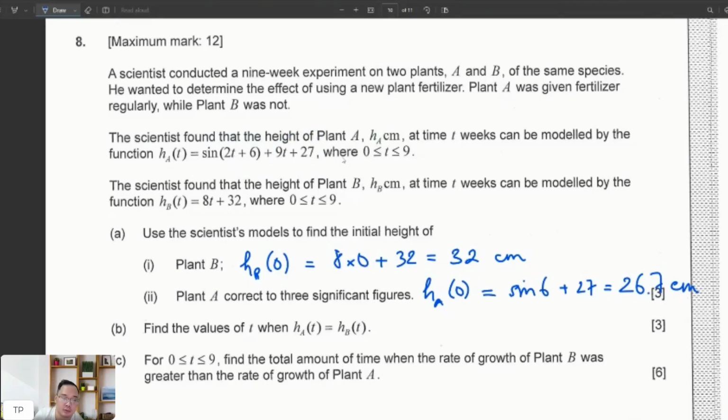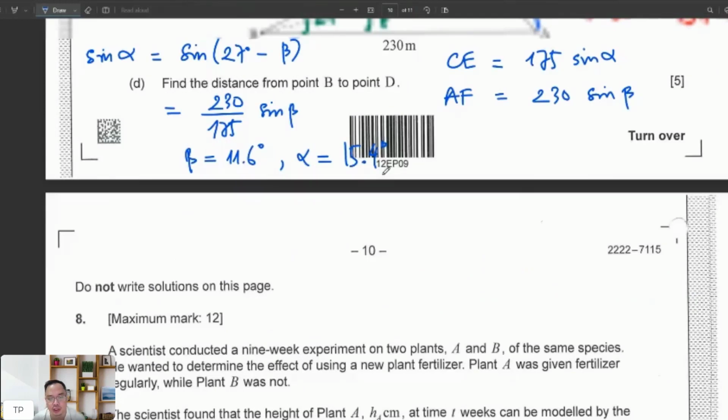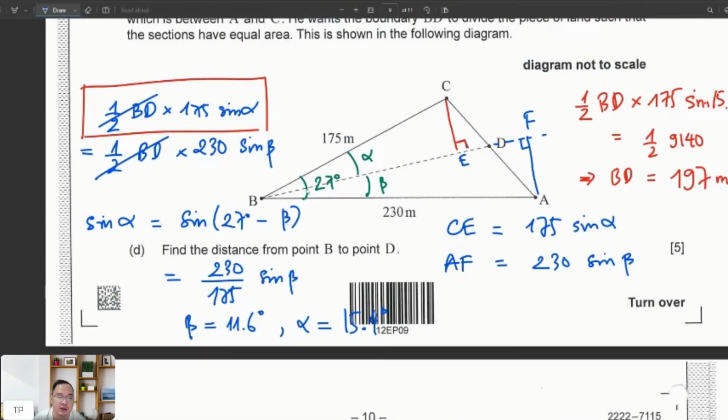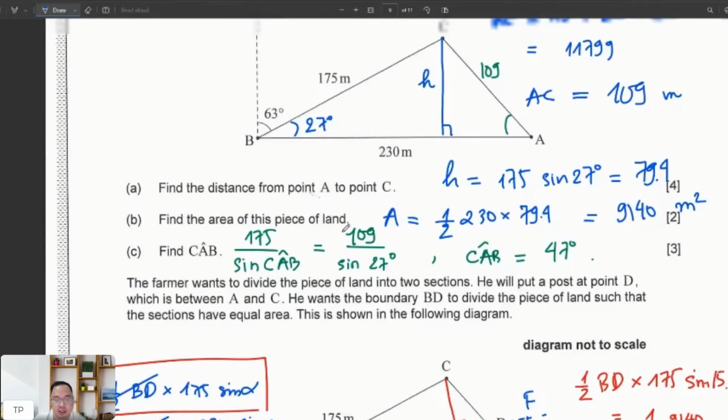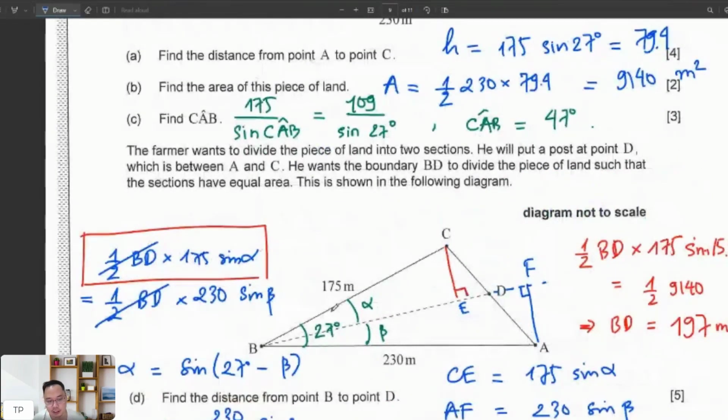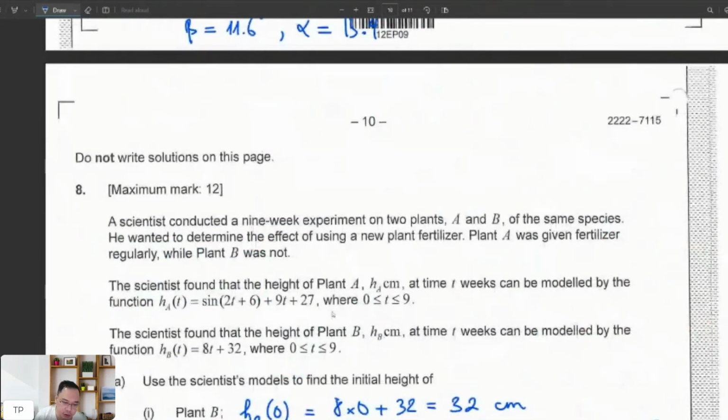This is a modeling problem using a function to describe the growth of the plant. But for the geometry question up here, it is definitely degrees, written very clearly, 63 degrees and 27 degrees. So just remember that 99% of the questions about modeling and functions are in radians.